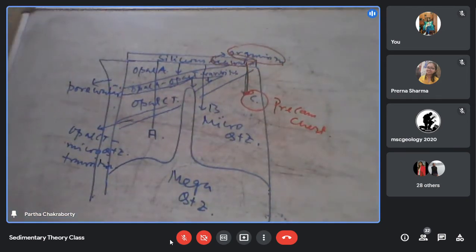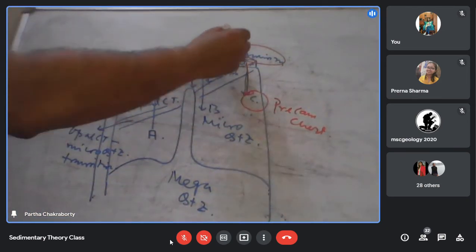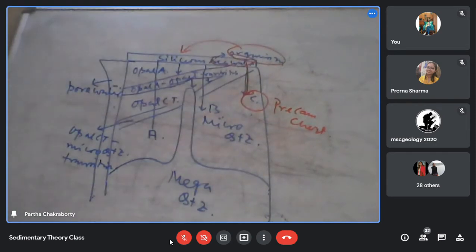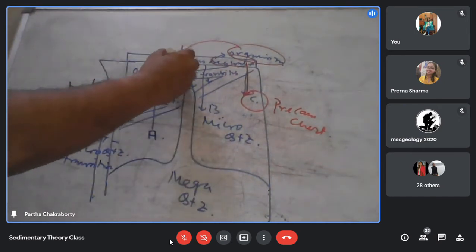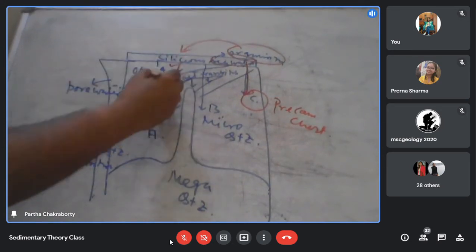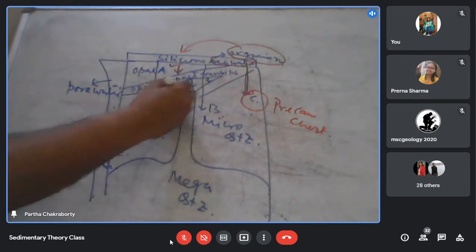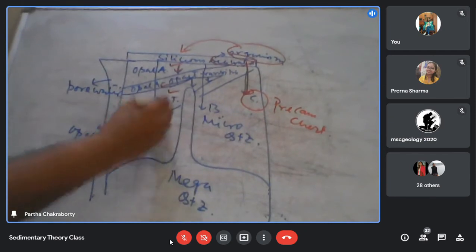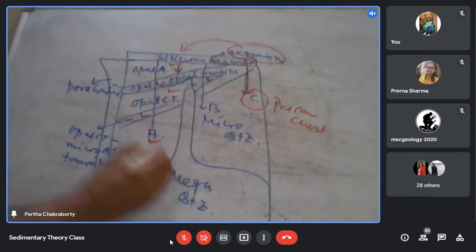But if you come to the Phanerozoic chert, then it is more of the organic effect. That is for sure, because we have seen that. Even in the modern ocean, we have radiolaria and diatoms. How do we know how they make their test? They basically go through the diagenetic path. And that diagenetic path is opal-A to opal-CT transition, then opal-CT to microquartz transition, and then megaquartz.